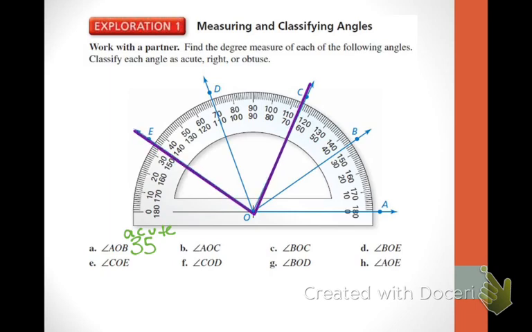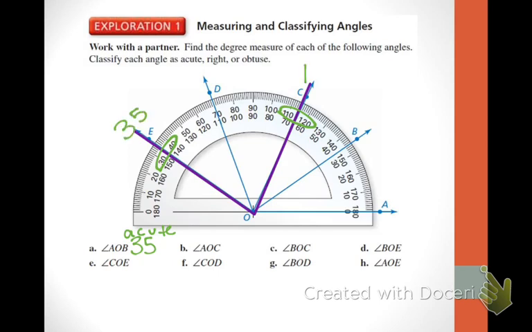C-O-E. All right. This one, neither of the rays are at 0. So, what we do is we decide right here, right now. Do we want to read the top or the bottom? Sure, let's read the top. If we read the top over here at E, we also have to read the top at C. All right, so what number is E at? 35.